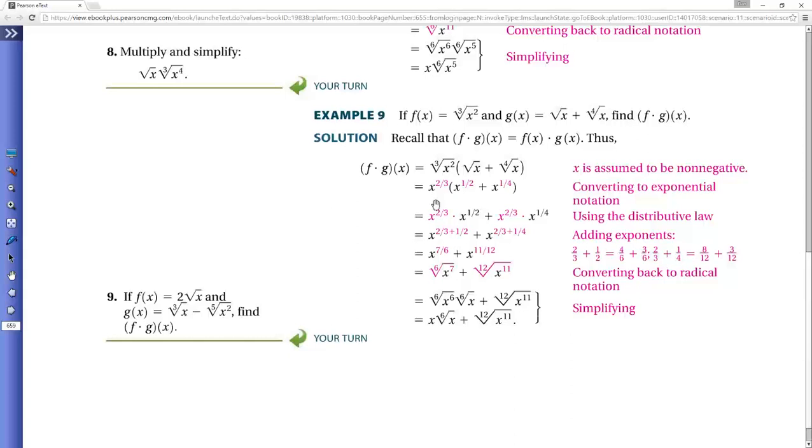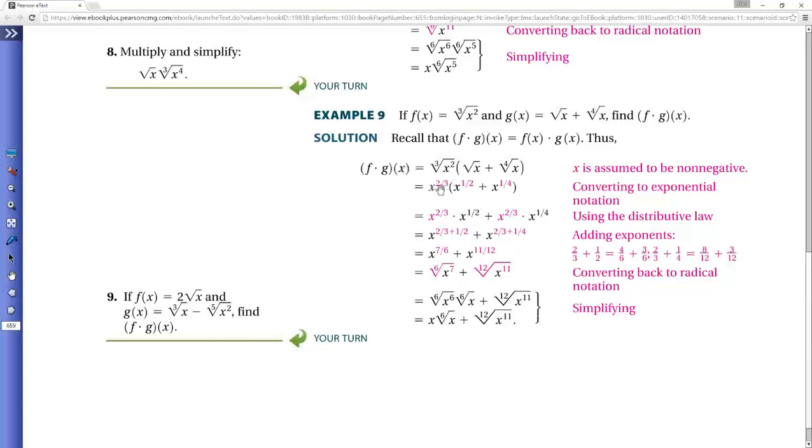This is something you can do all the time with radicals. If you start applying this earlier, I think that's a good idea. You're going to make fewer mistakes, but make sure you answer the question the way they want it answered, which in this case is to put it back in radicals.